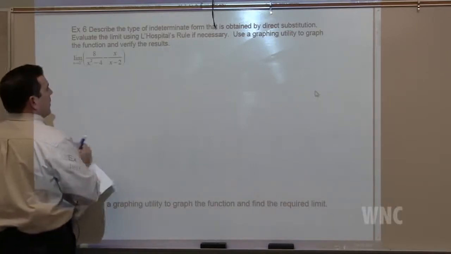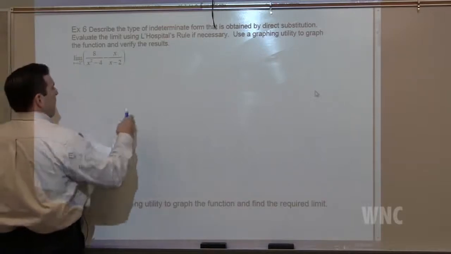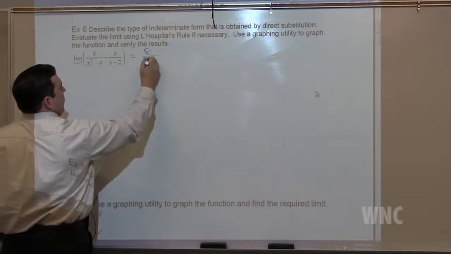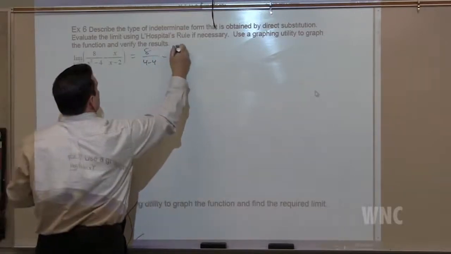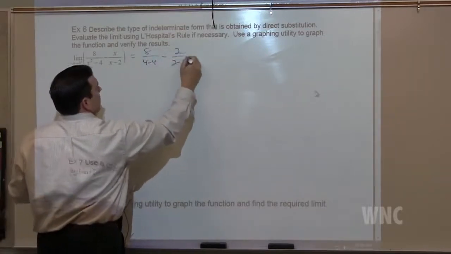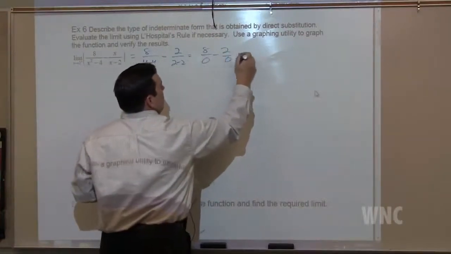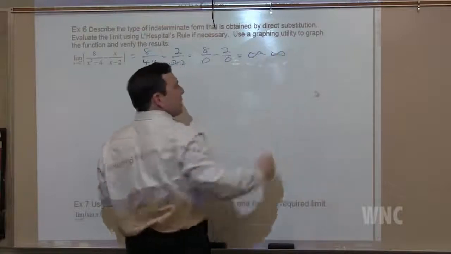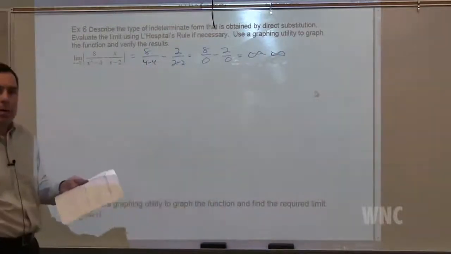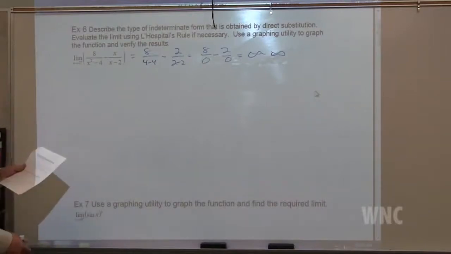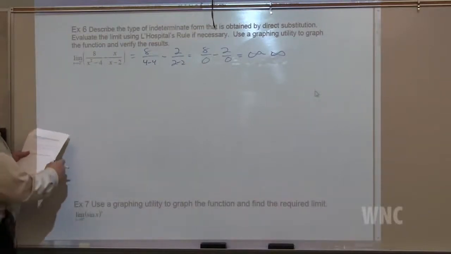You'd have 8 over 2 squared minus 4, minus 2 over 2 minus 2. That's 8 over 0 minus 2 over 0. That's infinity minus infinity. Now, what is infinity minus infinity? Is it 0? Is it infinity? Is it something else? I don't know. Let's find out. So that's the case we have.